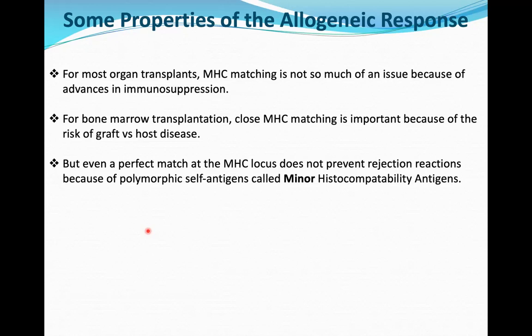This is in the case of, say, Y chromosome expressing antigens from a brother who's donating into a sister. These are called minor histocompatibility antigens, and they are also a source of immune reactivity, which can lead to chronic rejection.